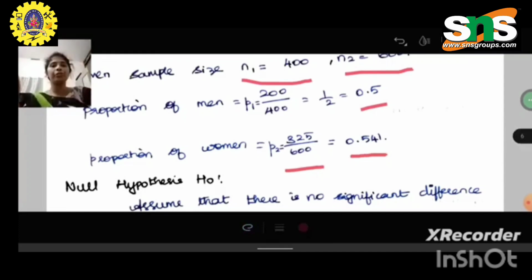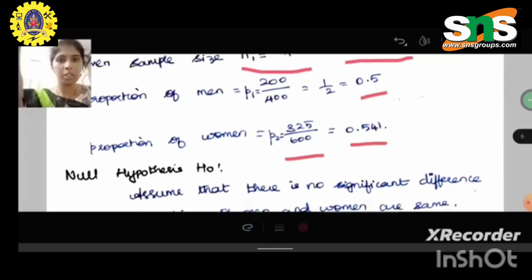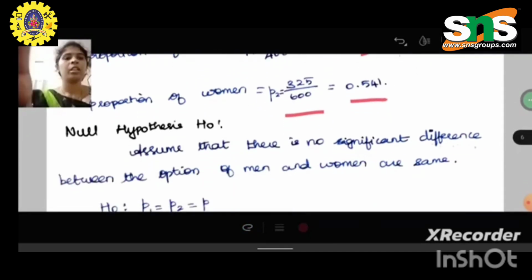So now we are going to frame the null hypothesis as: there is no significant difference between the opinions of men and women, that is, we assume that the proportions of both women and men supporting the proposal are same.